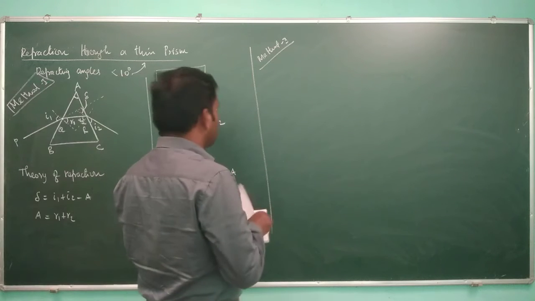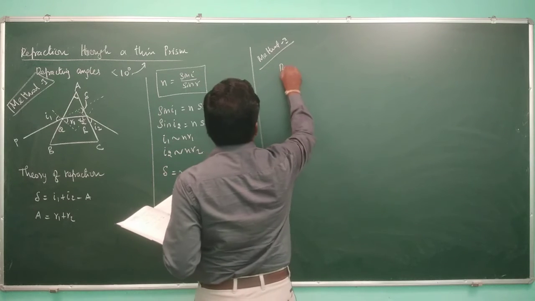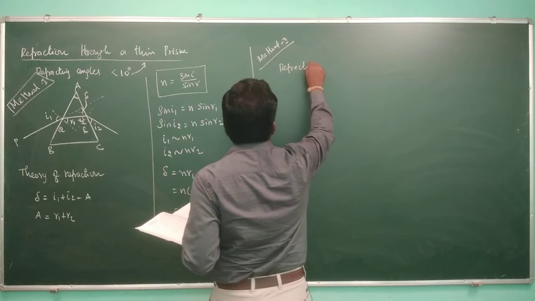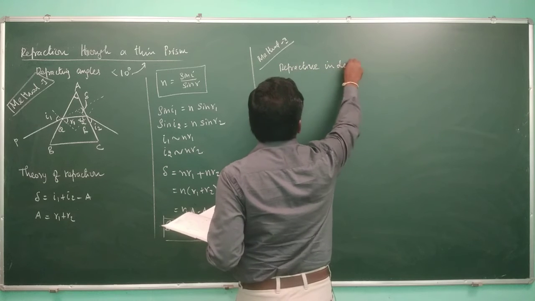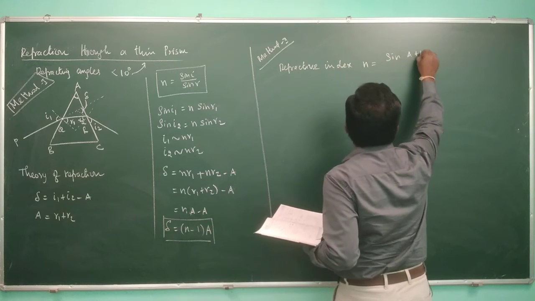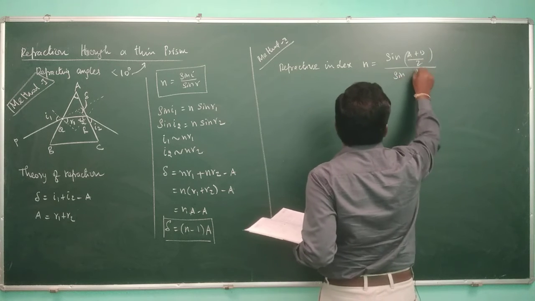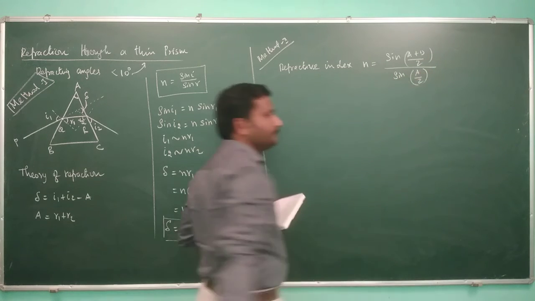For a prism, we have the equation for refractive index n, which is equal to sin((A plus D) by 2) divided by sin(A by 2).